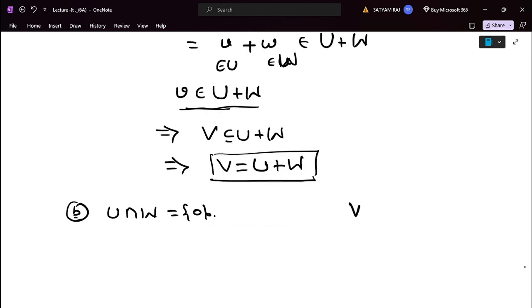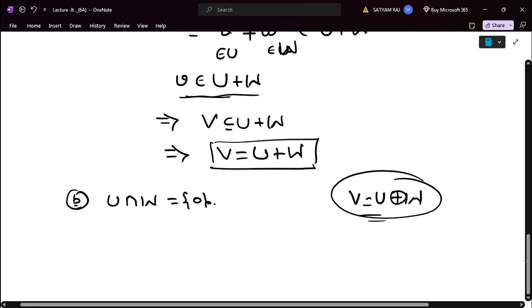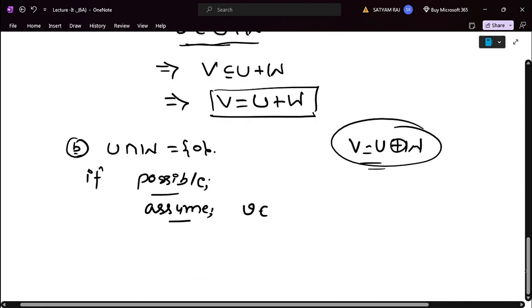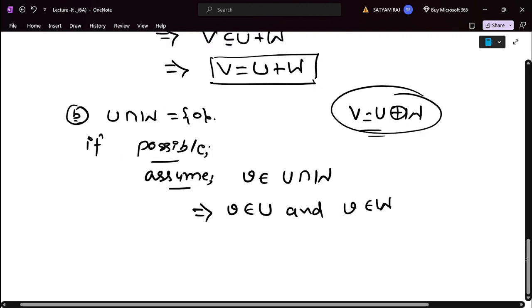Then we can say that V is the direct sum of U and W. So let's assume, if possible, an element v belongs to U intersection W. What does this mean? It will imply v belongs to U and v belongs to W.